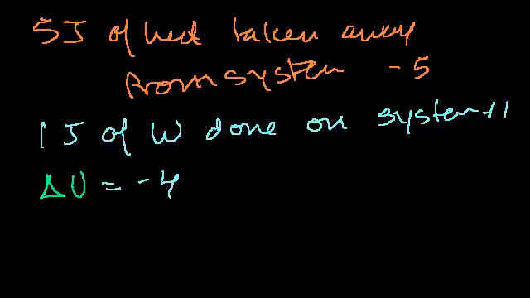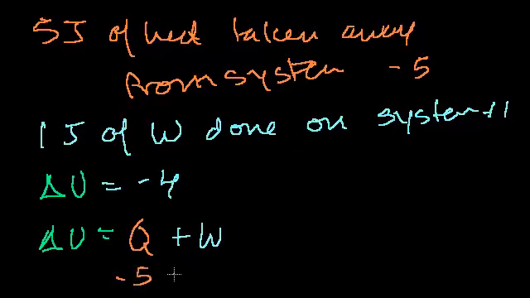Now we could have done that a little bit more formally with the formula. Change in internal energy is equal to heat added to the system plus work done on the system. We had 5 joules heat taken away, so this is minus 5, plus work done on the system.